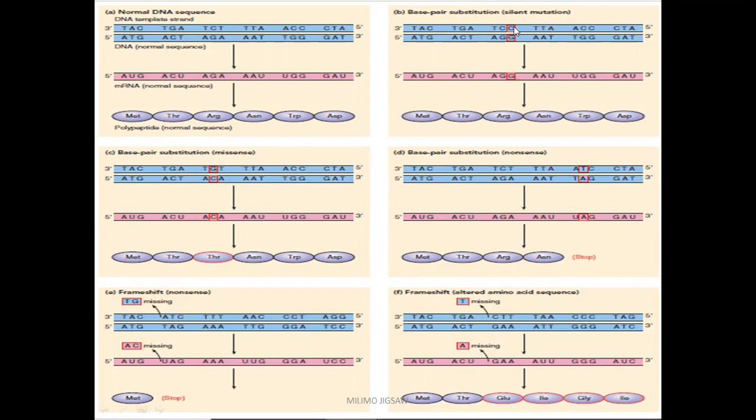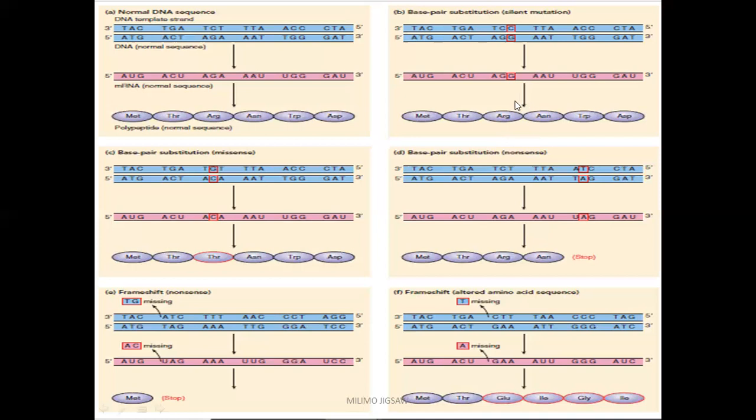Such a mutation is known as a silent mutation. As you can see, it's still going to code the same amino acid. So a silent mutation is where a base has been replaced, however the new codon from the base substitution still encodes the same amino acid. We then say that mutation is a silent mutation.